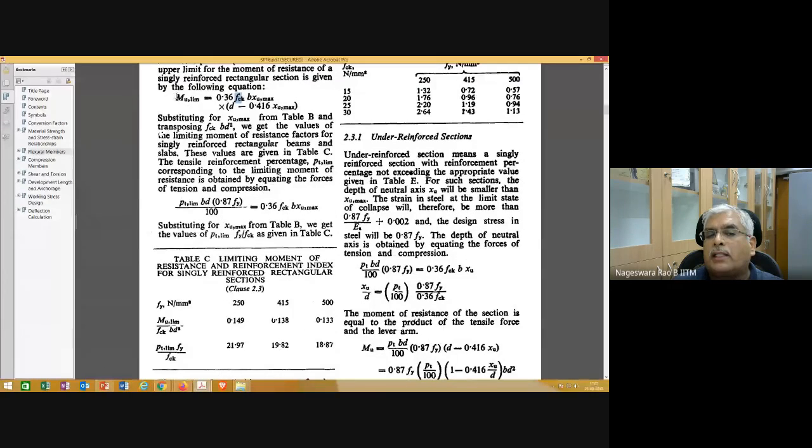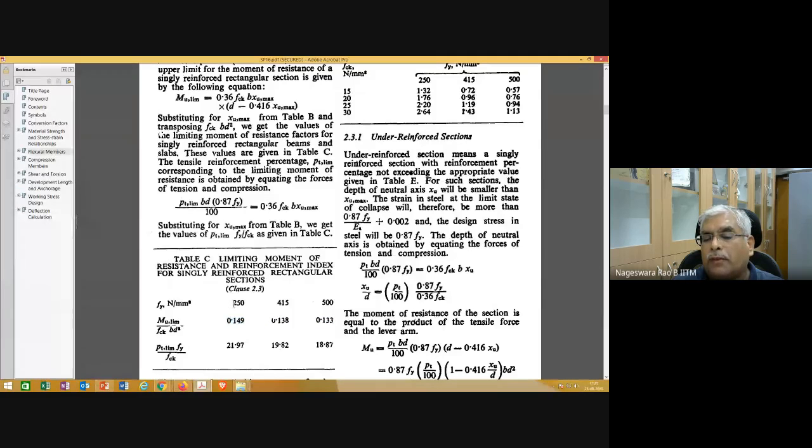This is actually written in a normalized form: Mu limit divided by b d square, or Mu limit divided by fck b d square, for different grades of steel.